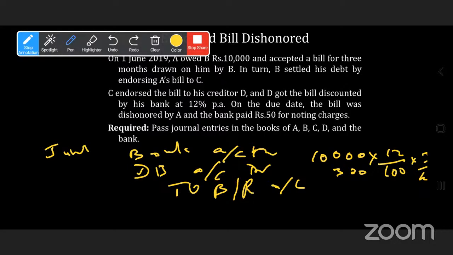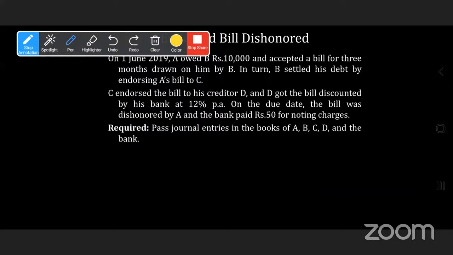Now write the transaction wherein the bill got dishonored. On September 4th, A did not pay the amount, the bill got dishonored. From whom was the bill endorsed?